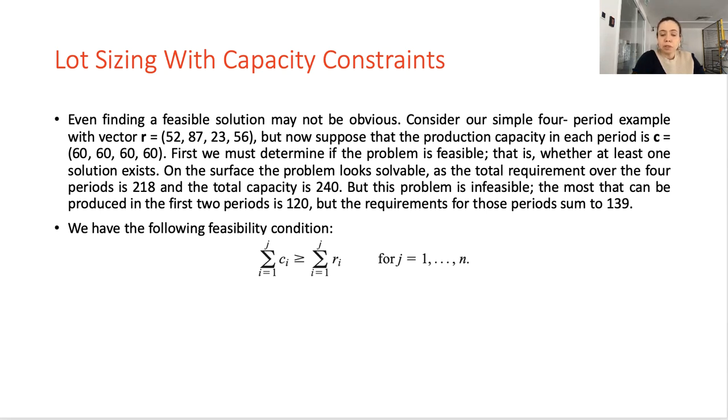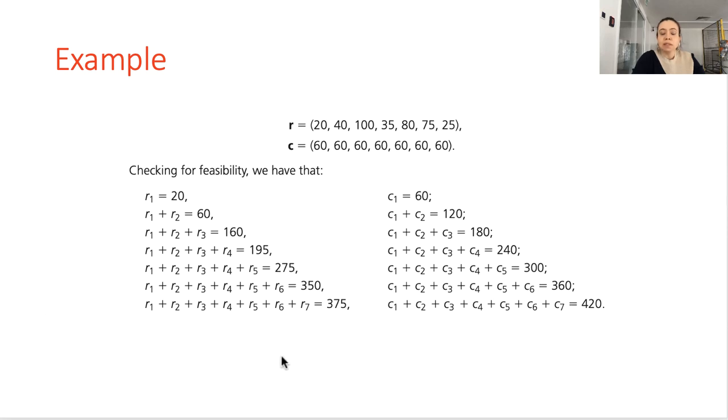To be able to check this, firstly, we calculate the total requirement for 1 period, for 2 periods, for 3 periods, for 4 periods, etc. Also, we calculate the total capacity for 1 period, for 2 periods, for 3 periods, and we continue to the end. And we check if the total requirements are less than the total capacities or not.